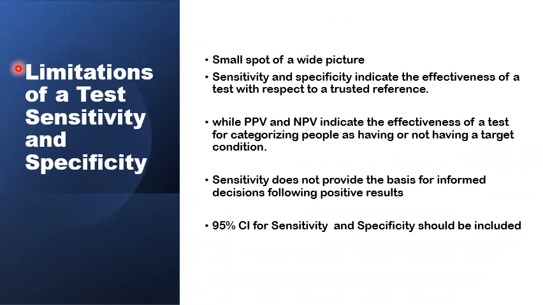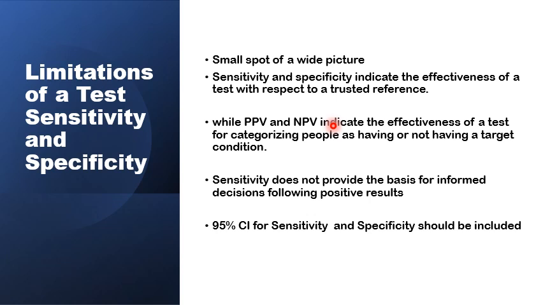So finally, to sum up, there are limitations for reporting the results of a test by only sensitivity and specificity. They provide only a small spot of a wide picture. Sensitivity and specificity indicate how effective this test is compared to a gold standard, but they don't provide information about how likely a positive result is to be truly positive or false positive, or a negative result being truly negative or false negative.